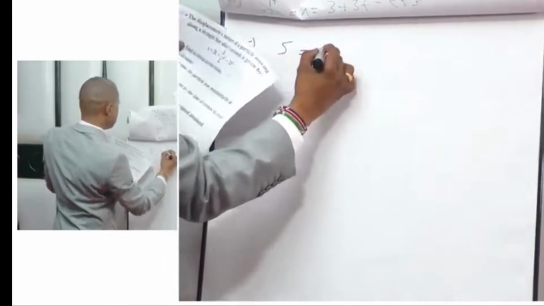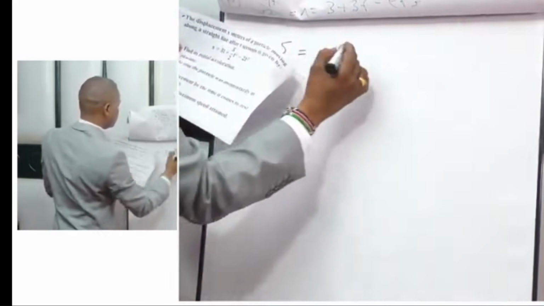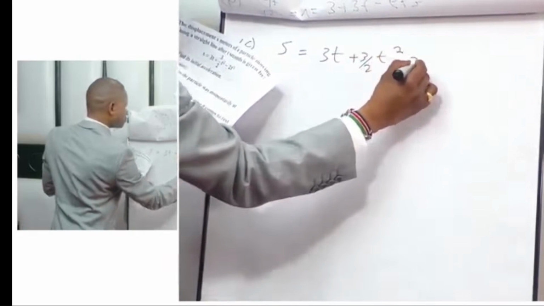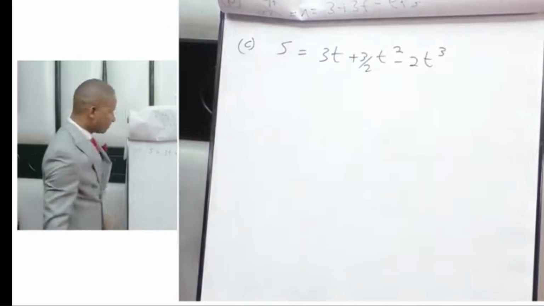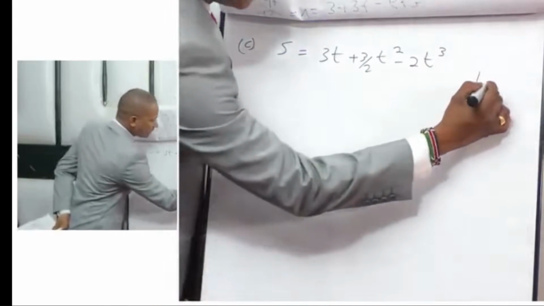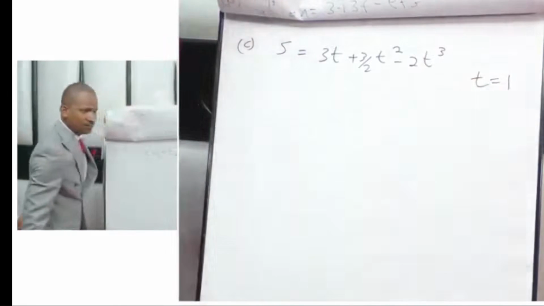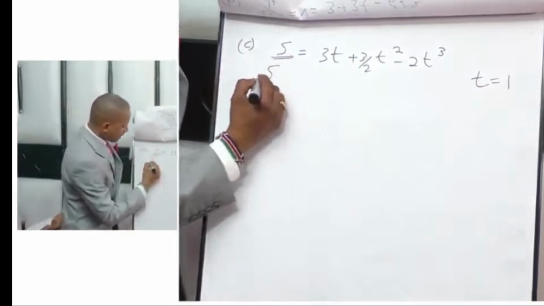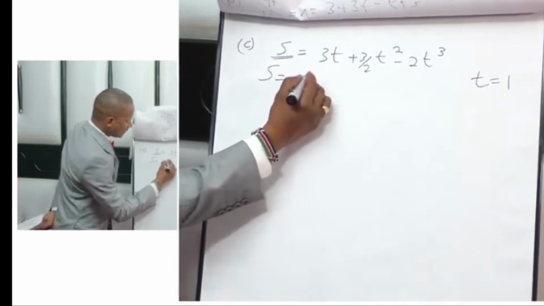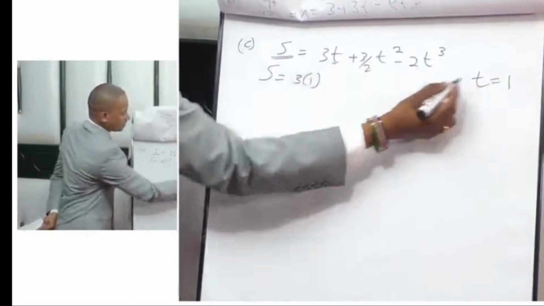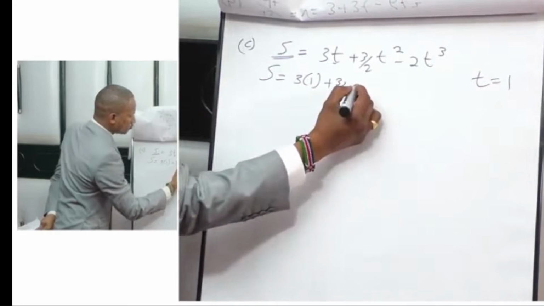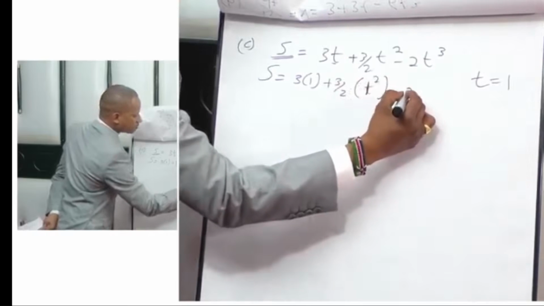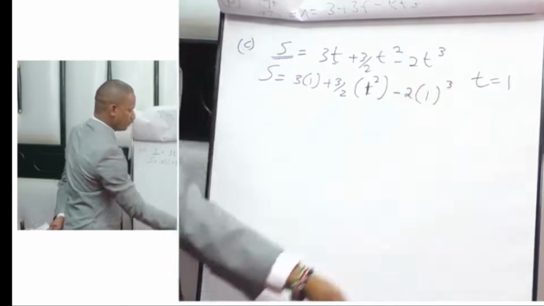S equals the first equation up here, 3t plus 3 over 2 t squared minus 2t cubed. But remember, when it was momentarily at rest, time was 1 second. And they want displacement, so you just replace t here. 3 into t is 1, plus 3 over 2 t squared, which is 1 squared, minus 2 into 1 cubed.